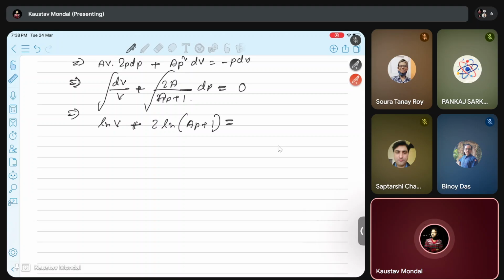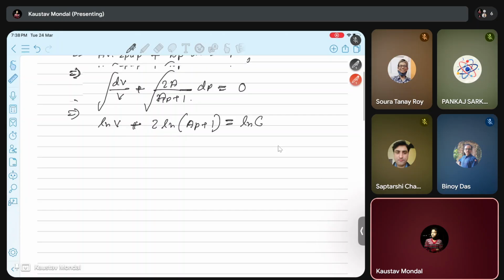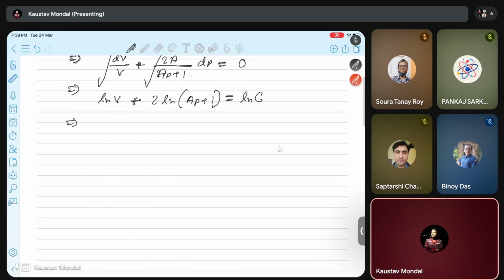Let's take the right hand side as some constant, ln c. Now if you take the ln as common, it will become ln of v into ap plus 1 whole square equals ln c.